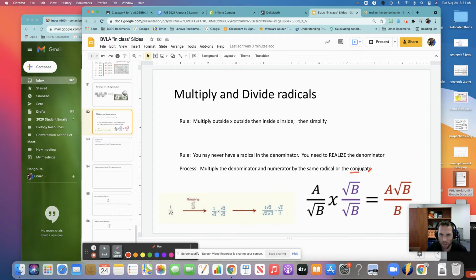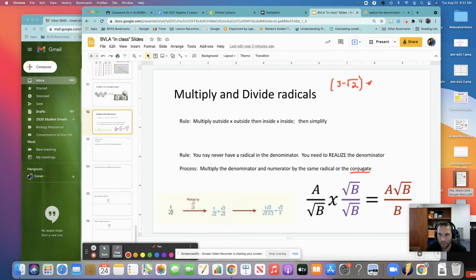There's also a conjugate. We're going to get into this a little bit later. But if you had a binomial where you had like 3 minus the square root of 2, something like that, the way you would cancel that is by multiplying by the conjugate.